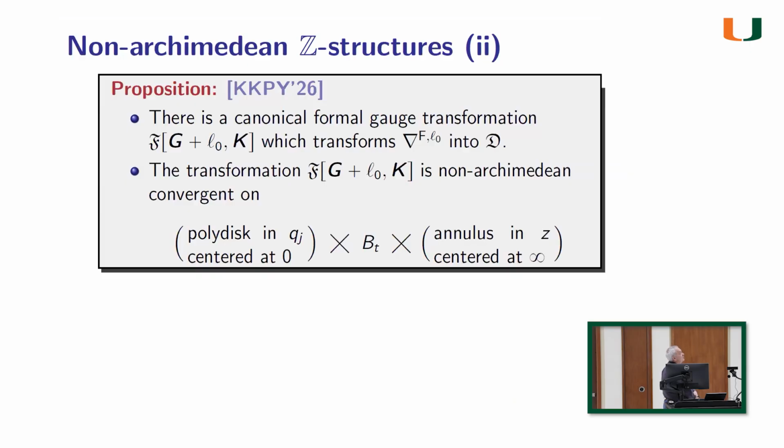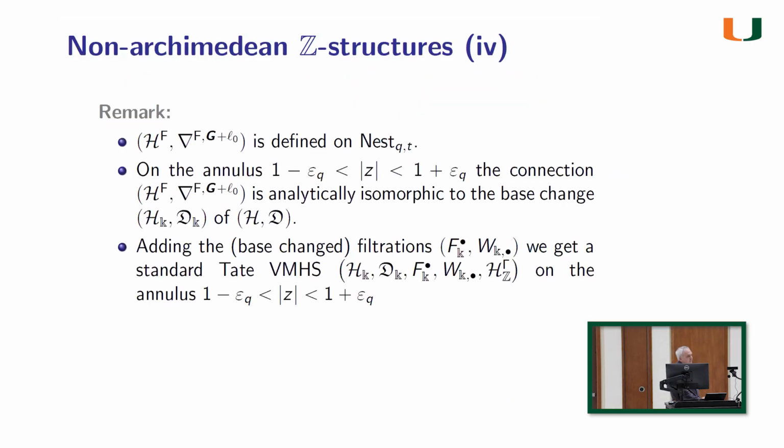And it's actually convergent in the non-Archimedean case, on a polydisk near 0 in the Q's, on the whole vector space of the T's, and a small annulus in Z centered near infinity. So this gauge transformation is a composition of the theta and the phi that we had before. And in fact, there is a formula for this one, but I didn't write it.